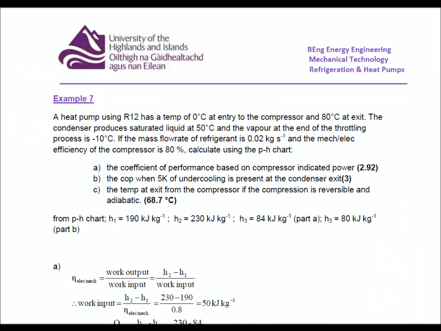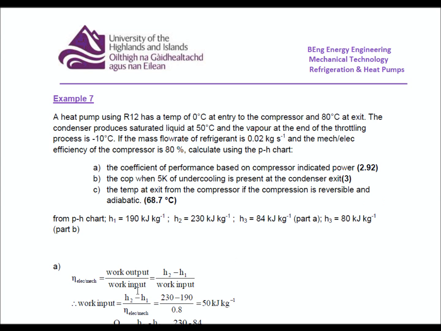So taking all of these values from the chart, we get an enthalpy of H1 of 190, H2 of 230, H3 for part A as being 84 kilojoules per kilogram, and for part B we get an enthalpy of 80 kilojoules per kilogram. So first of all, we're asked to find the coefficient of performance based on the indicated power.